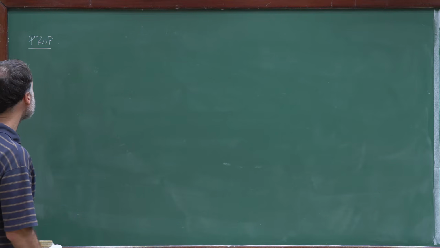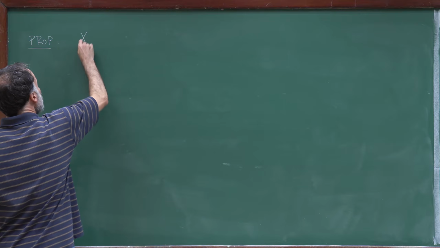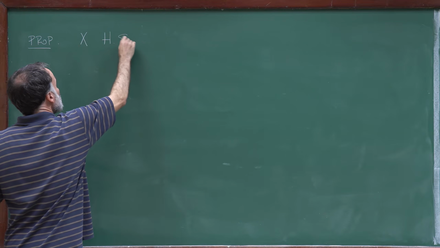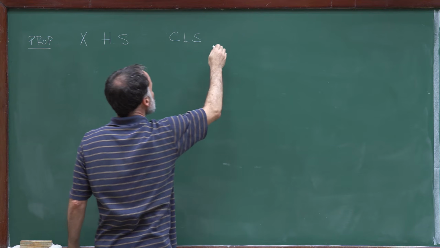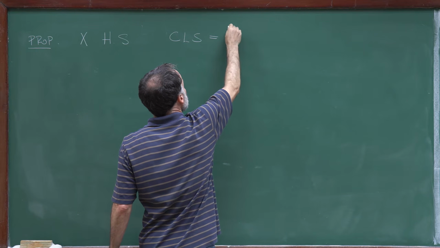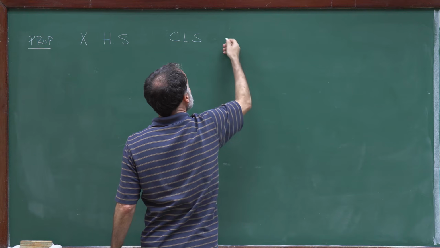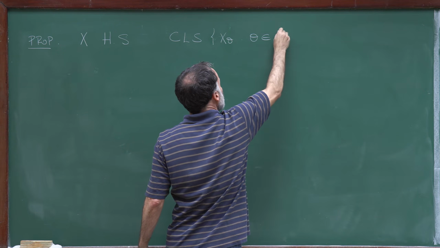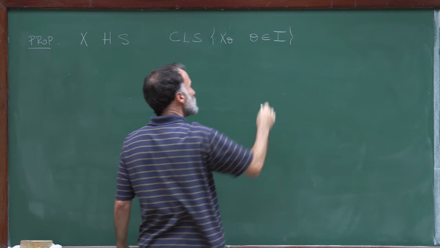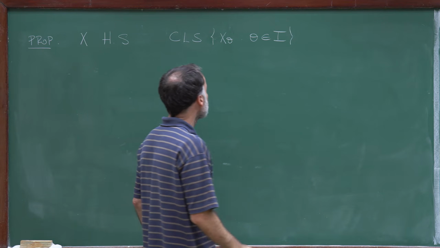So here is one proposition. X will be a Hilbert space. I want to investigate the closed linear span of a family x_theta, let me insist that I might be uncountable.